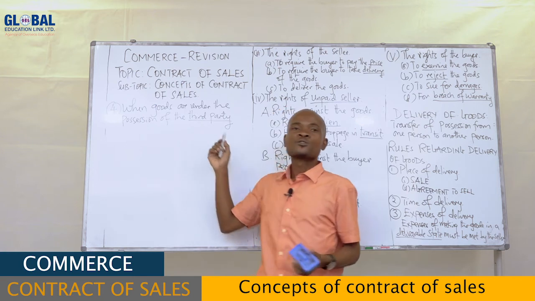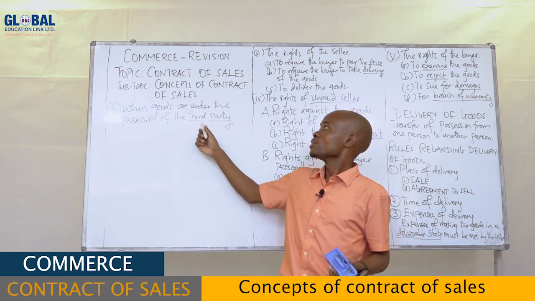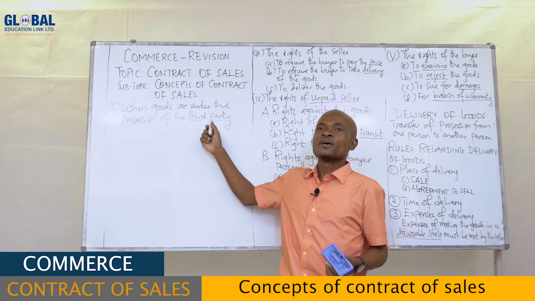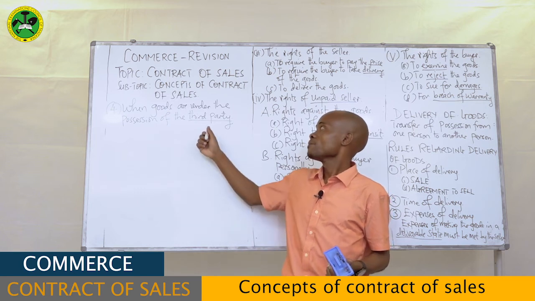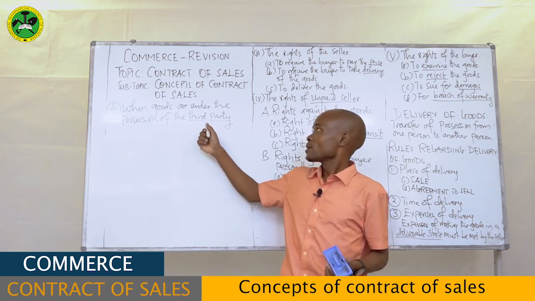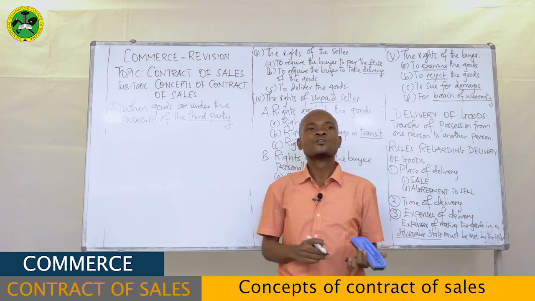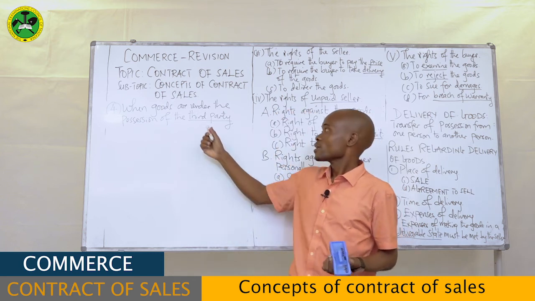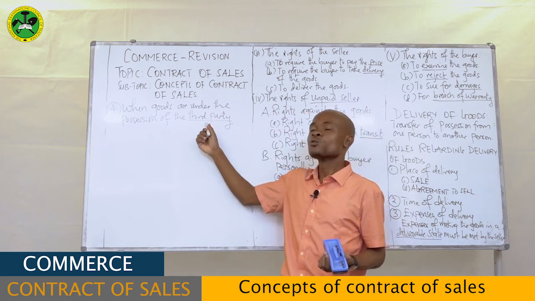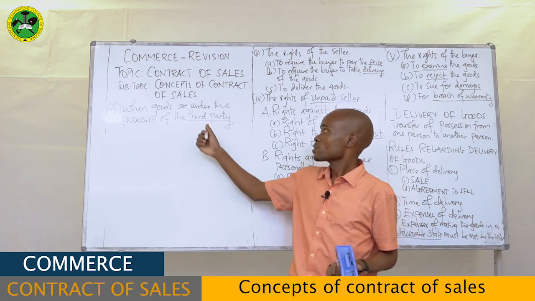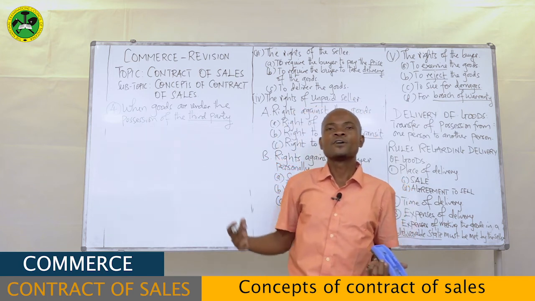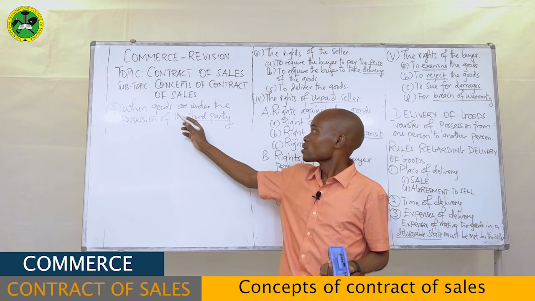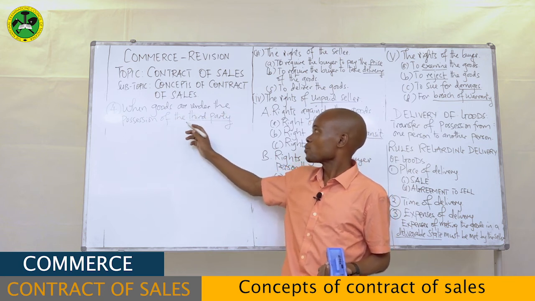For one reason or the other, the goods can be in the hands of a third party. In this case, delivery cannot be made by the seller, but what is required is that this third party must acknowledge that he or she is possessing the goods on behalf of the seller.